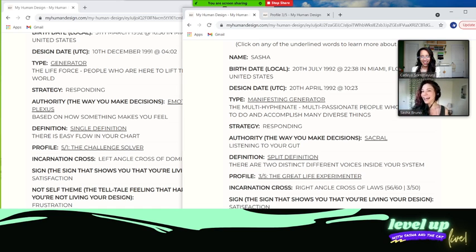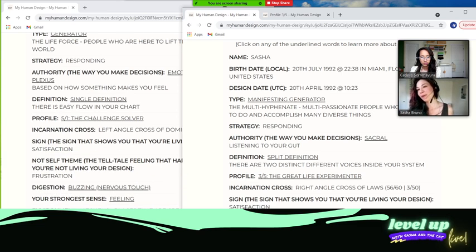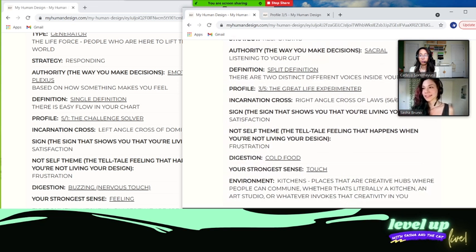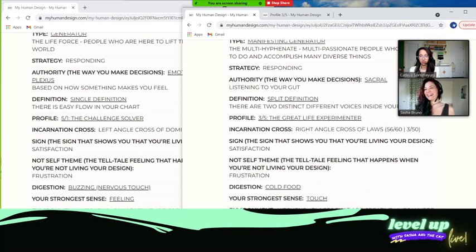We have the same sign, the sign that shows you that you're living your design. Satisfaction and frustration is the not-self theme. I wanted to look into digestion buzzing, because I wonder if that relates to your last bite complex. Oh my gosh, I have terrible last bite complex. Your strongest sense, touch. Your strongest sense, feeling. Mine was touch.